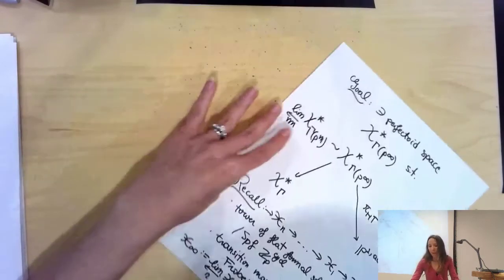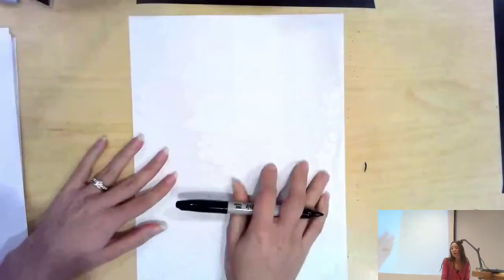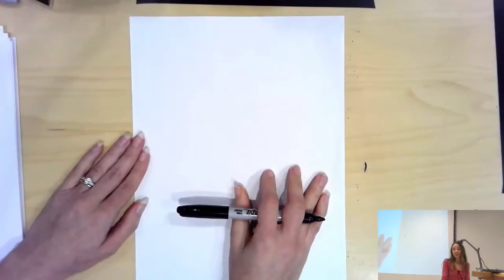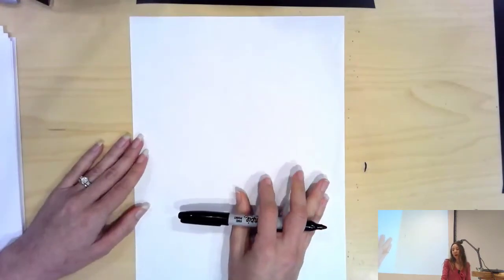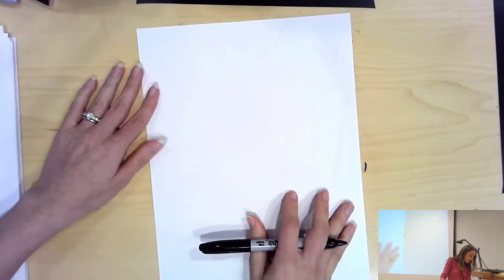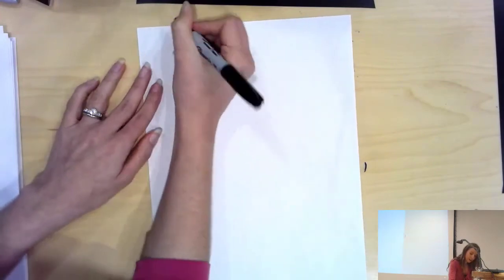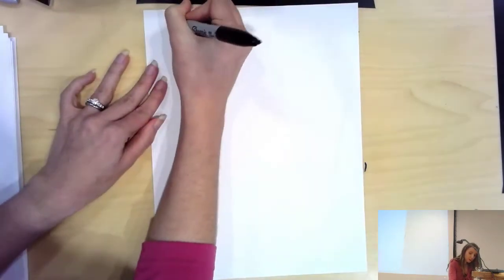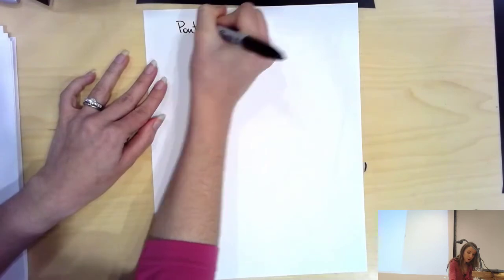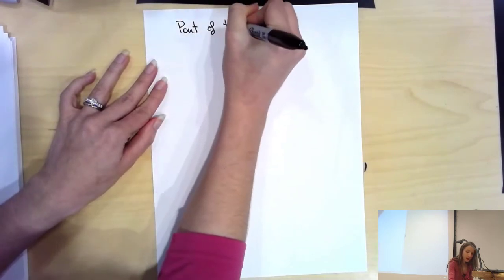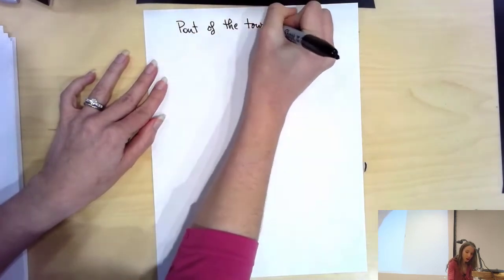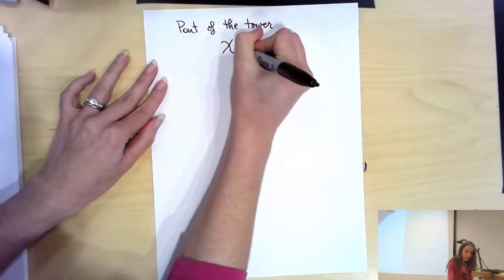So the claim is that you can see something like this on a tower of modular curves. There's a part of the tower X^*_{Γ(p^m)}.